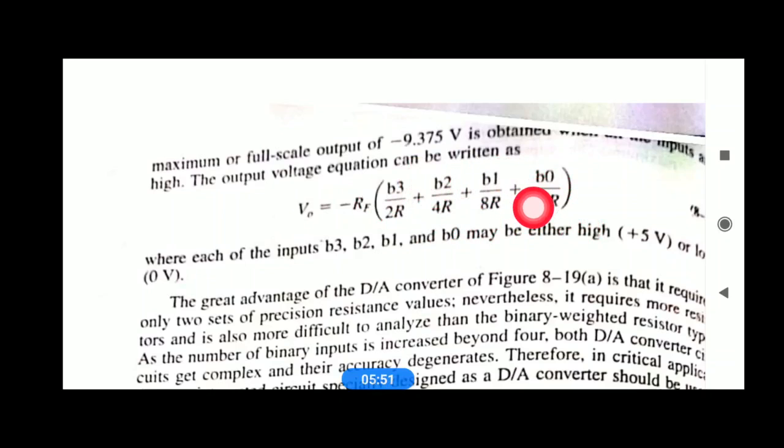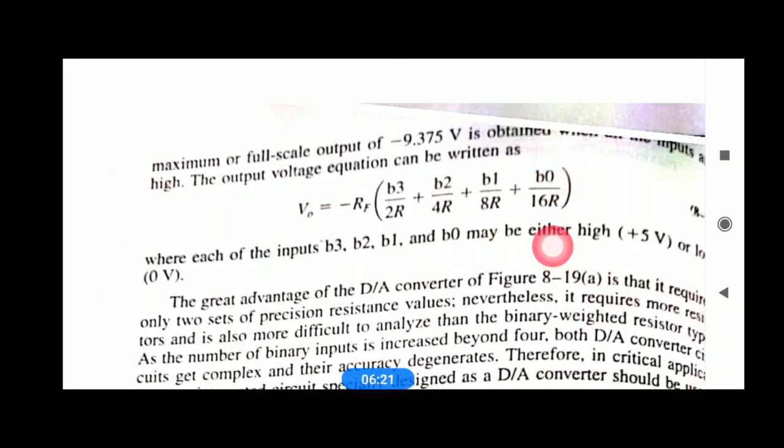By using this formula you can easily find the output voltage when you make the inputs B0, B1, B2, B3 high. When inputs are high, you take plus 5 volt. If these inputs are low, you take 0 volt.